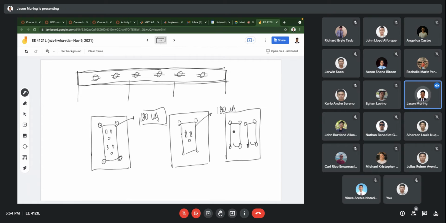Okay, so let's say we now have four receptacle outlets. We calculate each of these based on 90 volt ampere. So basically it's the same, per yoke you should have 180 volt ampere.